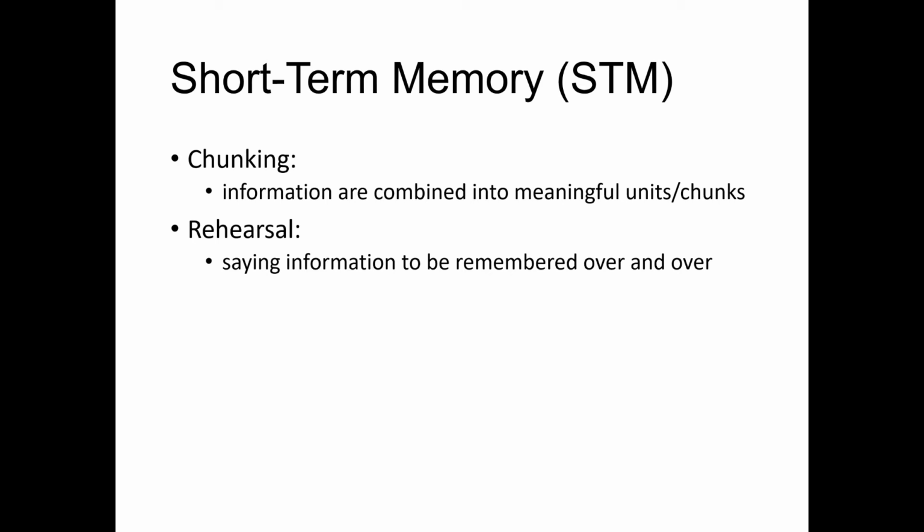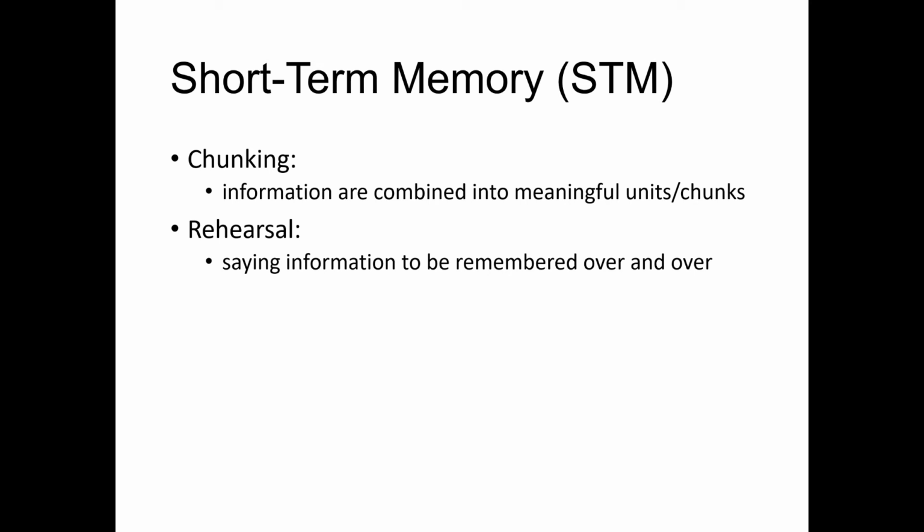So chunking is where information is combined into meaningful units or chunks. For example, when I read the 7 digits 9, 2, 5, 4, 6, 3, 8, if you were born on September 25th, or if you know somebody who was born on September 25th, then that 3-digit group will become just one piece of information as opposed to 3 different pieces.